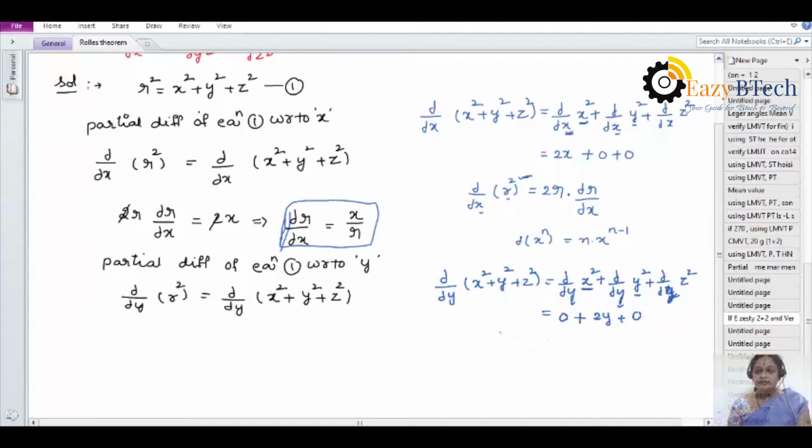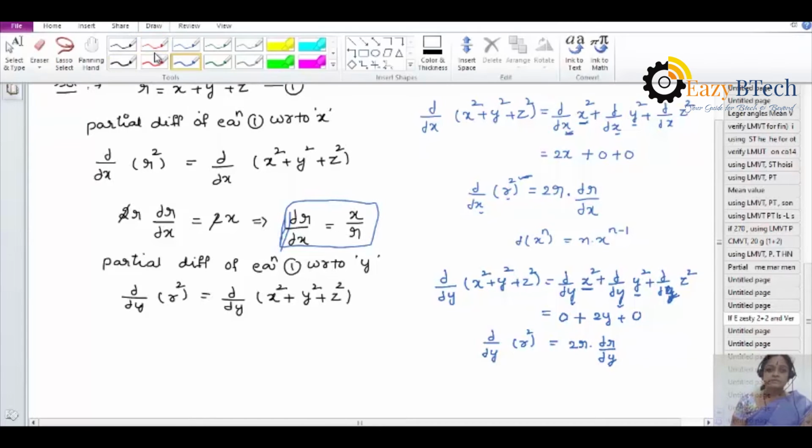Coming to the LHS part, ∂/∂y of r². Now, as I told you students, r always consists of 3 variables: x, y and z. Then differentiating gives 2r for the power, and for the function ∂r/∂y.